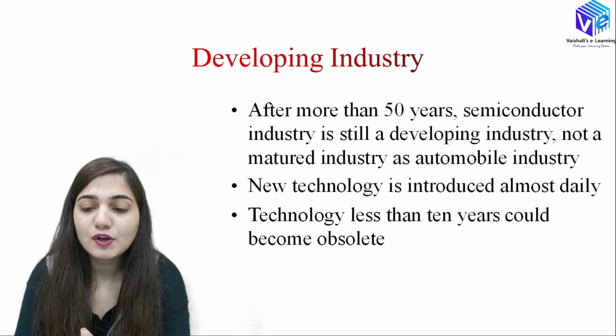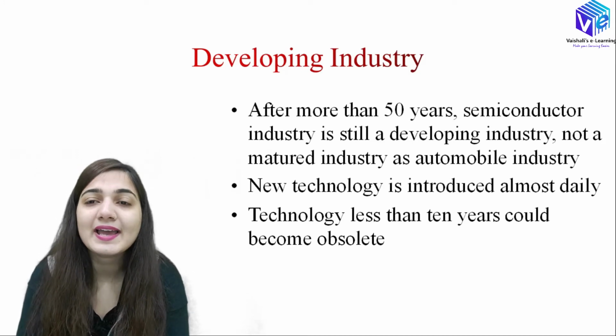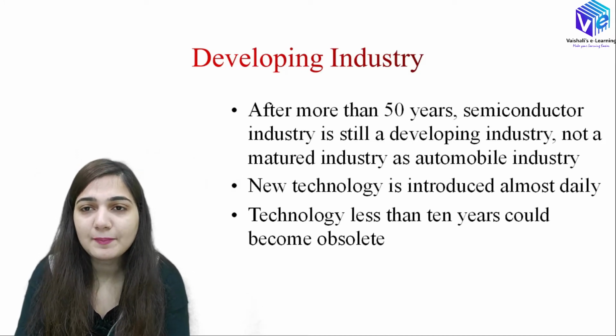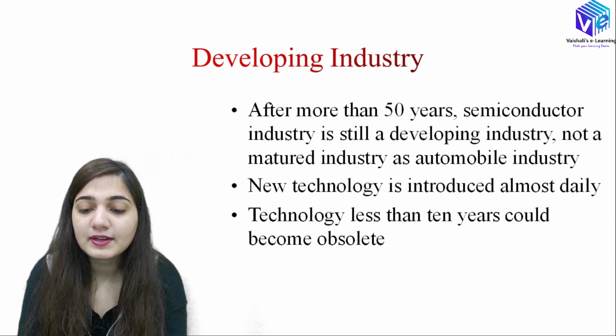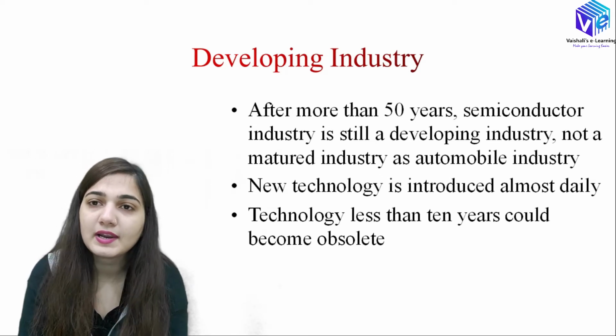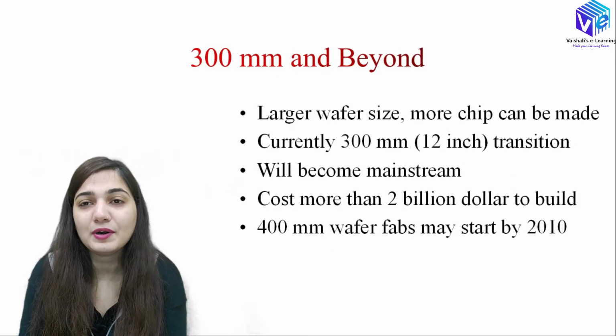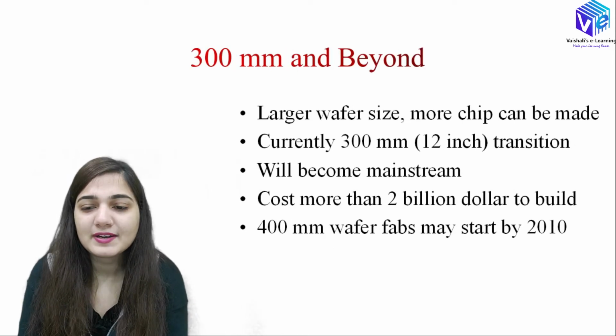New technology is introduced in VLSI almost daily. This is why I am saying this is a developing industry. Technology which is less than 10 years old can become obsolete. So we cannot work with older technology in the VLSI industry, but we can work with older technology in the automobile industry.